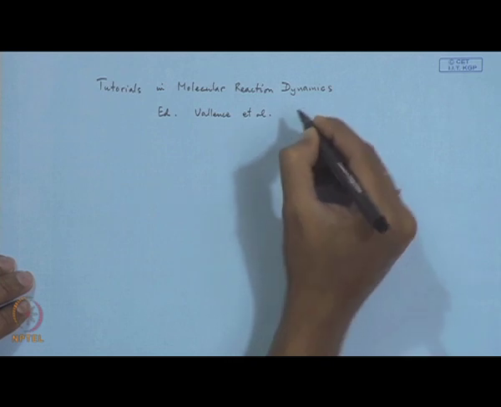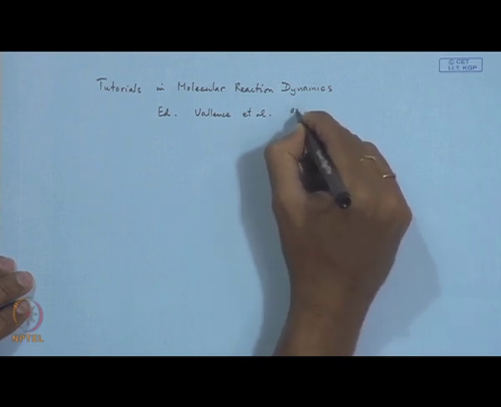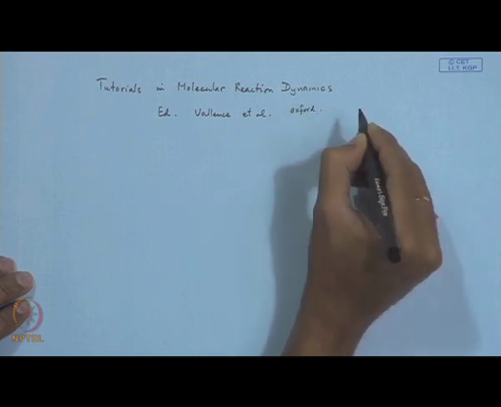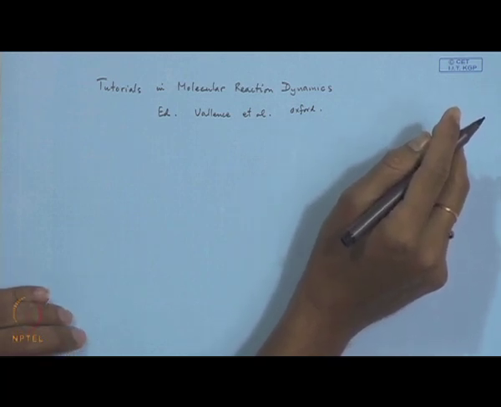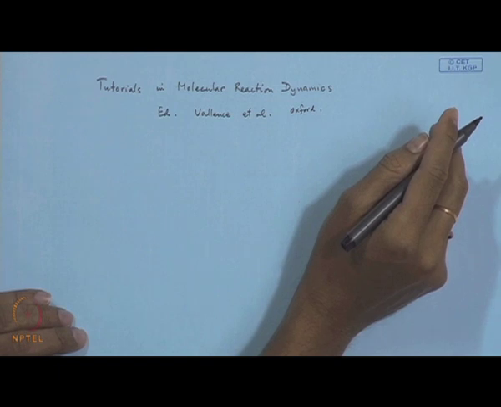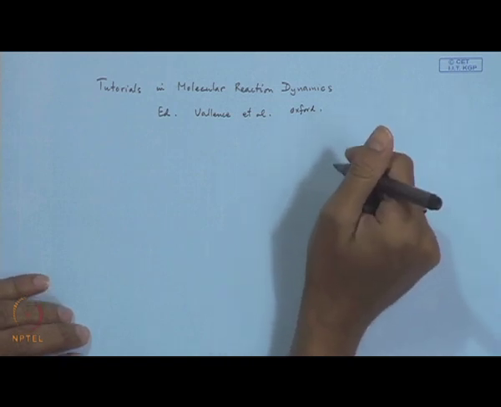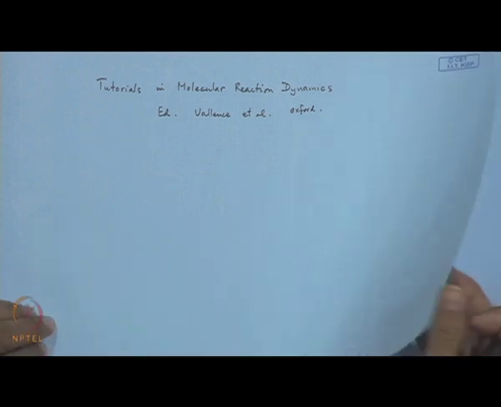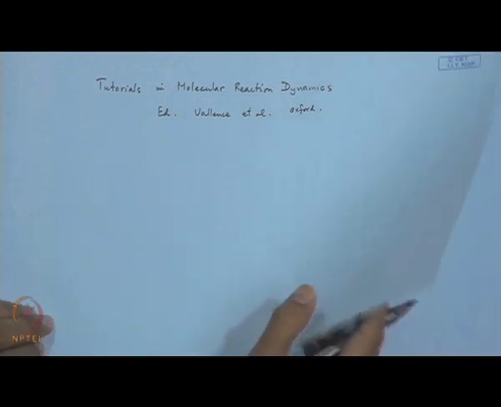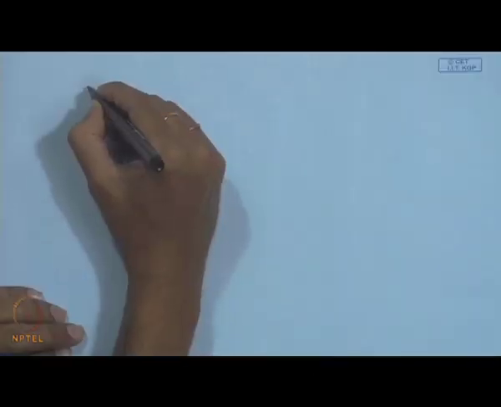Okay, it is available from Oxford, so that you can consult for this particular topic, that is reaction dynamics, in addition to the book by Raphael D. Levine and other books I referred to earlier. State result properties.